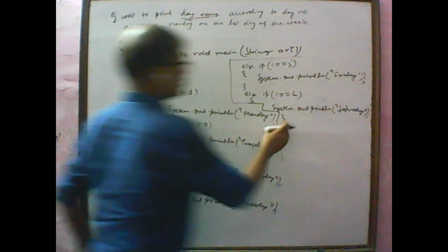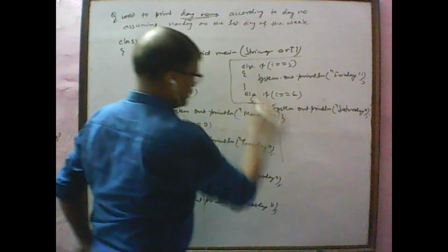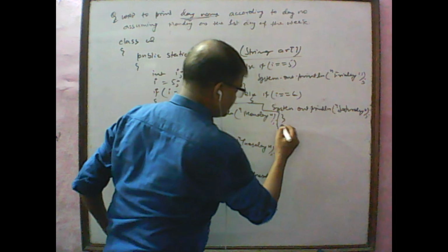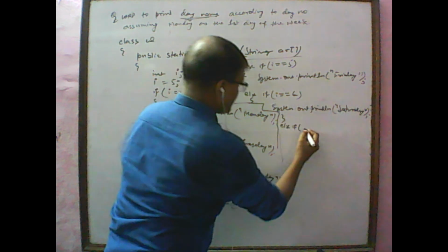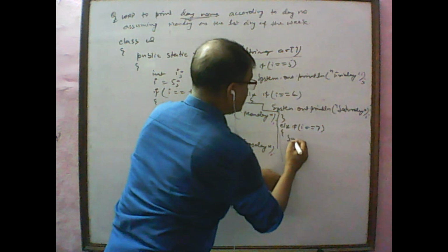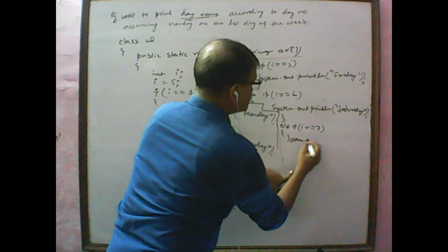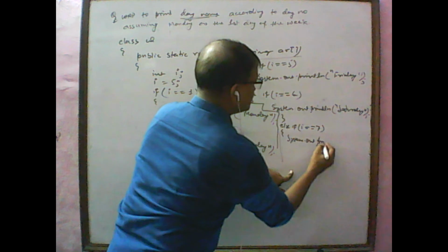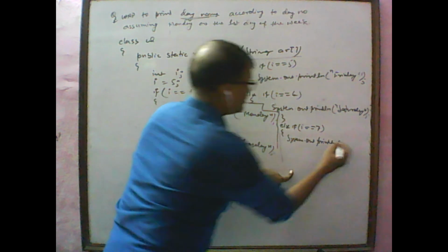Close, I am closing here. Else if I equal to 7, System.out.println Sunday.